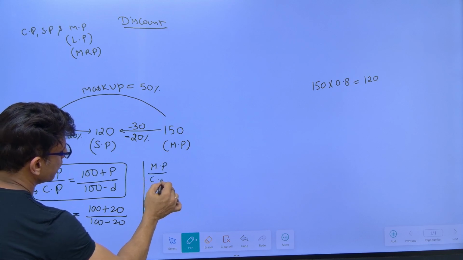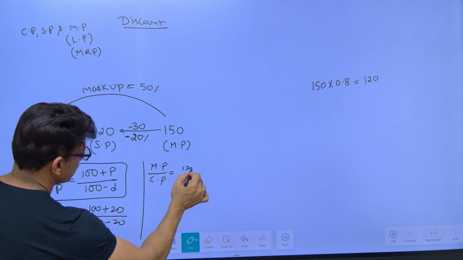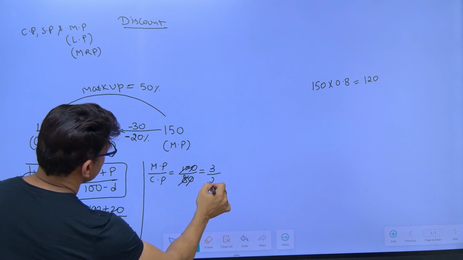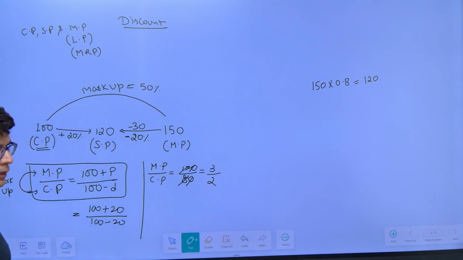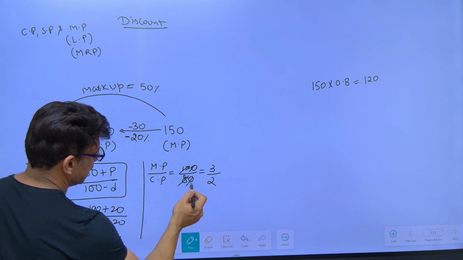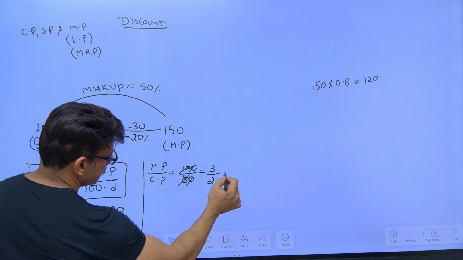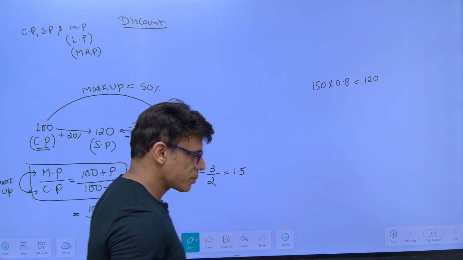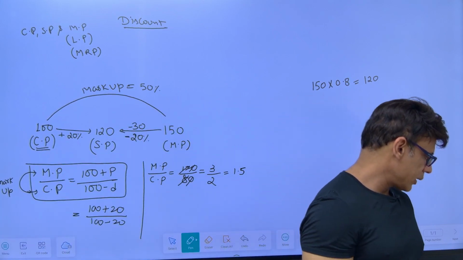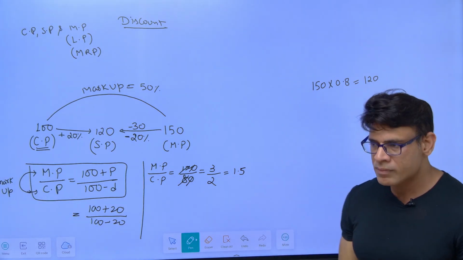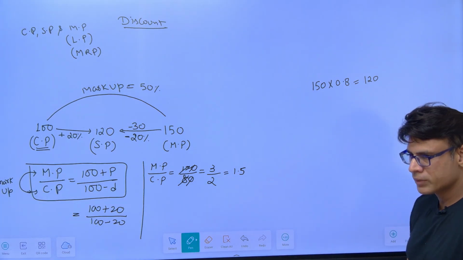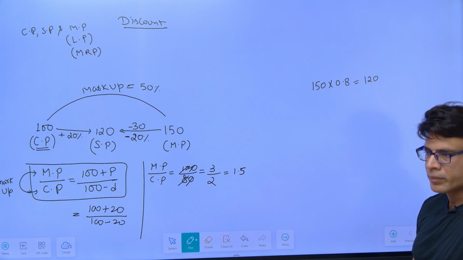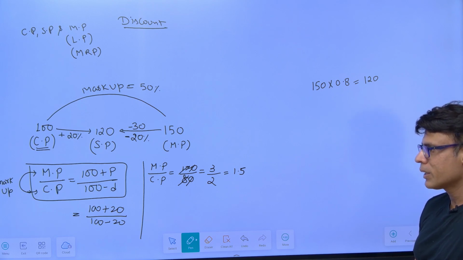So mark price upon cost price is equal to 120 upon 80, which is 3 by 2. 3 by 2 is nothing but 1.5. 1.5 means something goes up by 50%. So this 1.5 is nothing but markup.